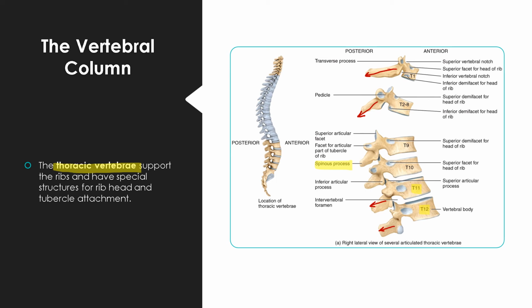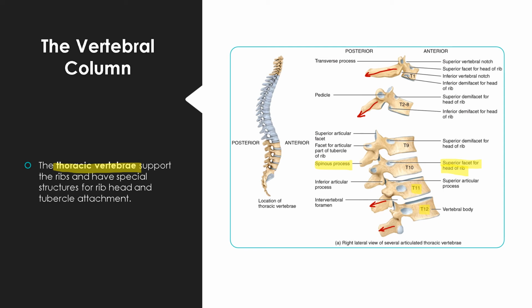Now, compared to the cervical vertebrae, thoracic vertebrae also have longer and larger transverse processes. These thoracic vertebrae are very easily identified by their costal facets, which are the articulating points for the ribs.